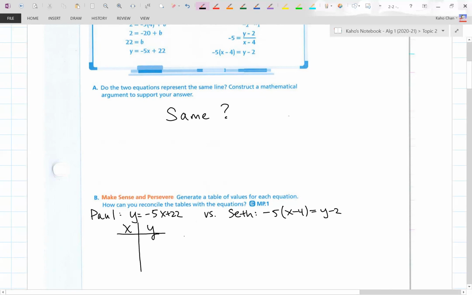I'm going to pick just 3 values to test it out. I'm going to plug 0, 1, and 2 into Paul's equation, and let's see what happens.